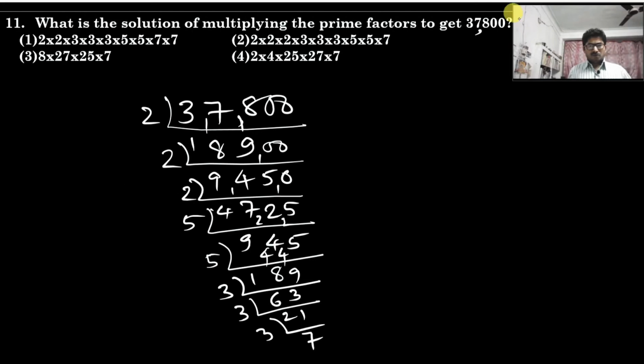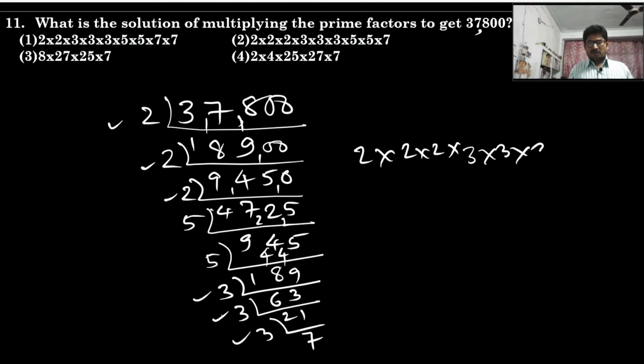So the correct order is 2 into 2 into 2, next 3 into 3 into 3, next 5 into 5, into 7. How many? Total 3 2s, 3 3s, 2 5s, 7. So option 2 is correct, children.